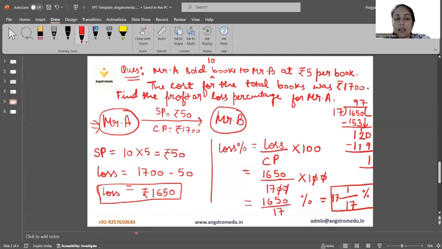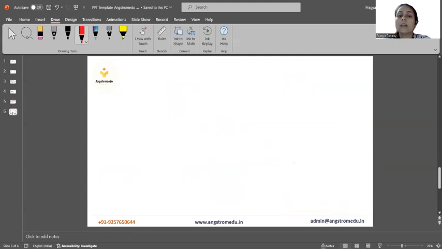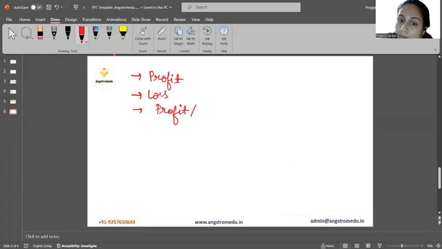Now let me conclude all the things which we have studied. First, we have understood the concept of profit, loss, profit percent, and loss percent.